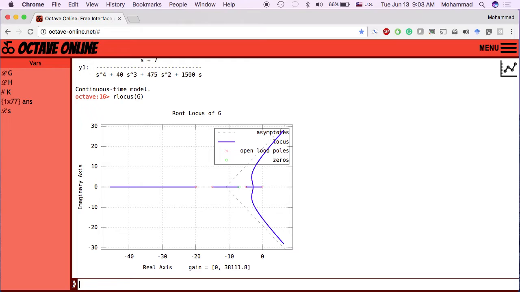At this point, when gain is 773, you can see damping ratio is less than 0.7. And as gain increases further, damping ratio further decreases. So at least 300, but not more than, let's see, not more than 500 something. So between 300 and 500, you can satisfy the requirements.